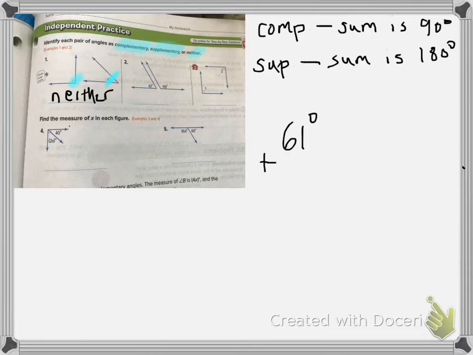So I'm going to just combine those two and find the sum of them. Do some quick addition here. And by doing that, we see that our angle measures add up to 180 degrees. So because the two angles in question number 2 add up to 180 degrees, we would say that they are supplemental.